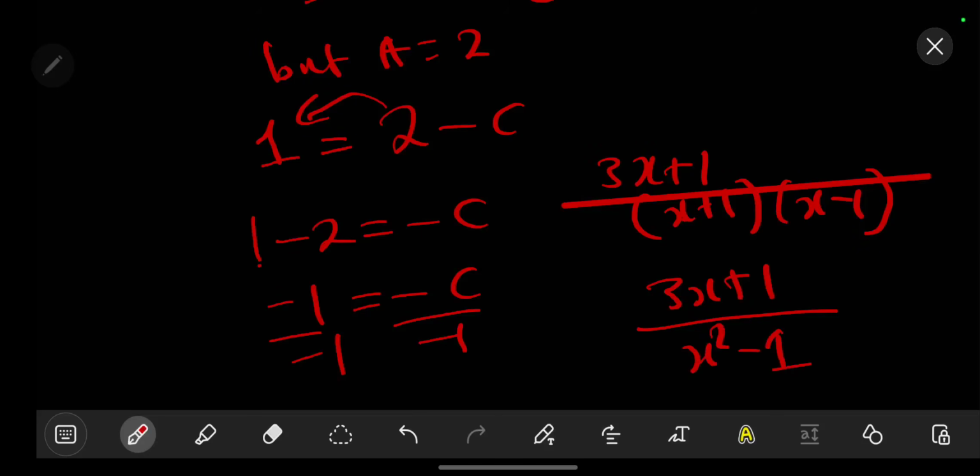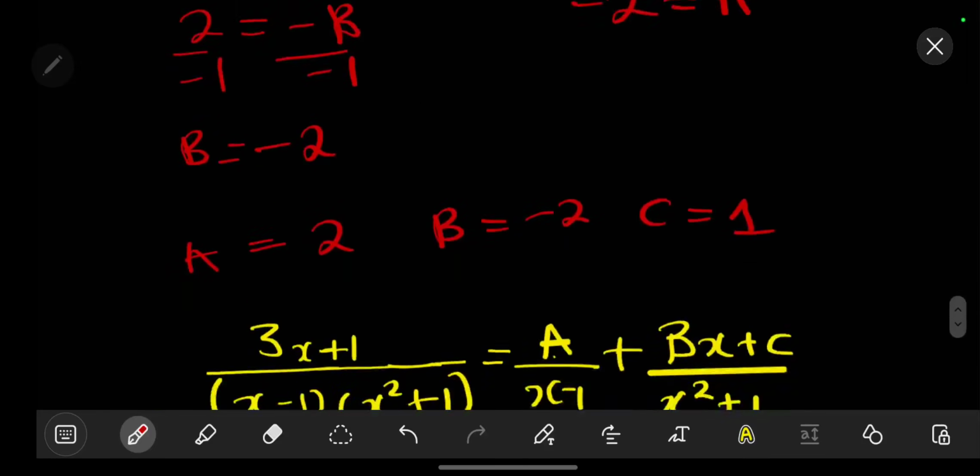So the final answer has the greater power, and you can go directly to find a over something. This is not always the case for some problems we are going to solve, but for now let's move on to the next part.